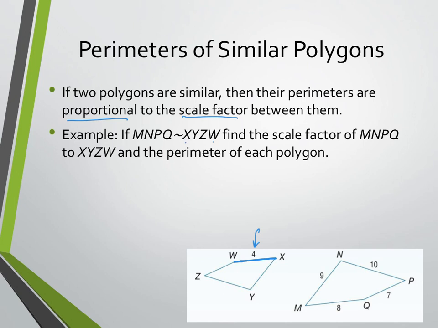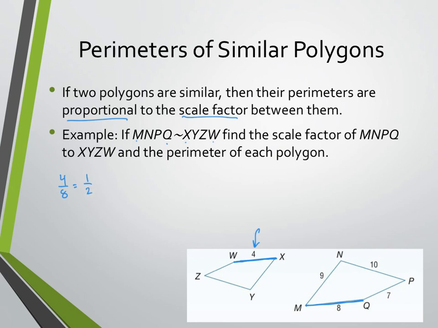So XW will be corresponding to MQ. So I come over here and MQ is down here. So 4 over 8 will be my scale factor, since that's the only ratio that I can compare this to. When I simplify, I am left with 1 over 2.